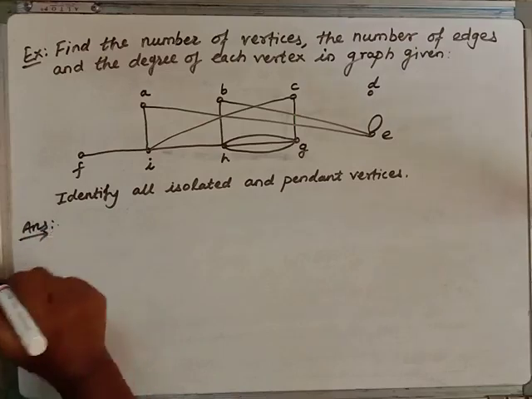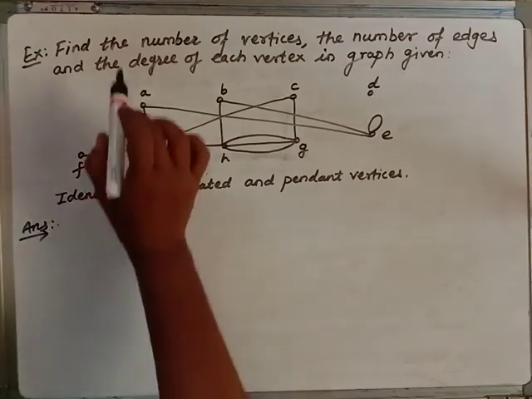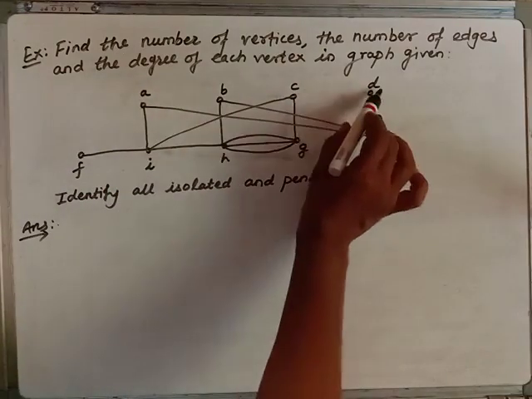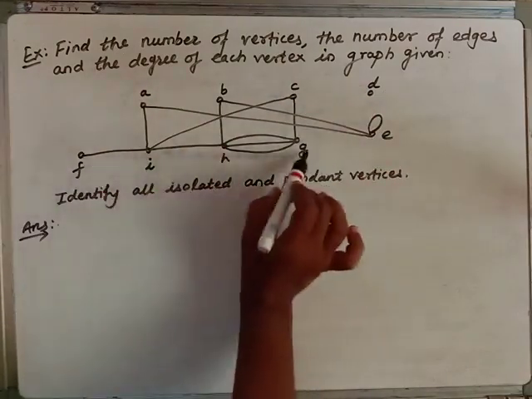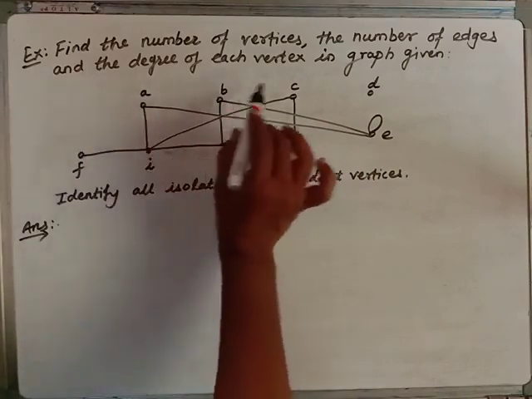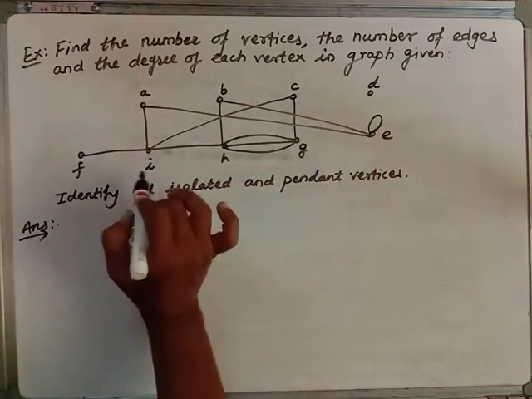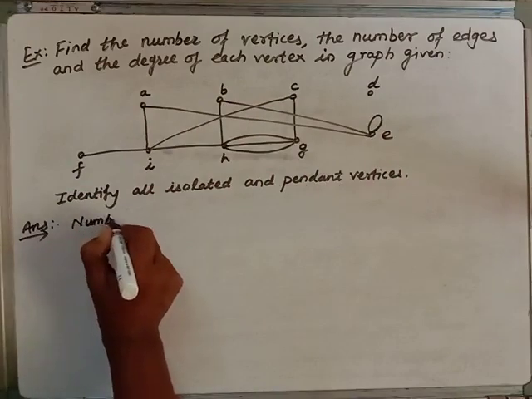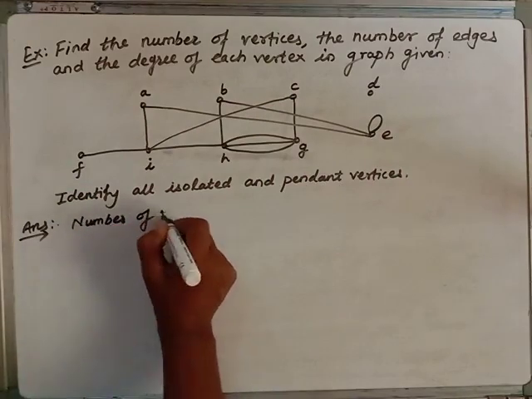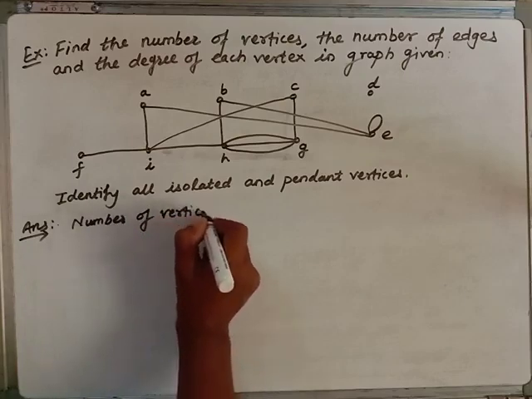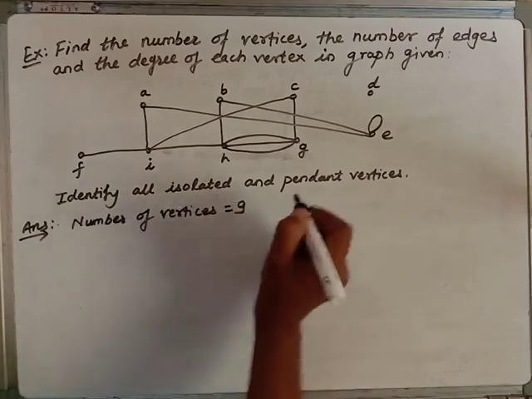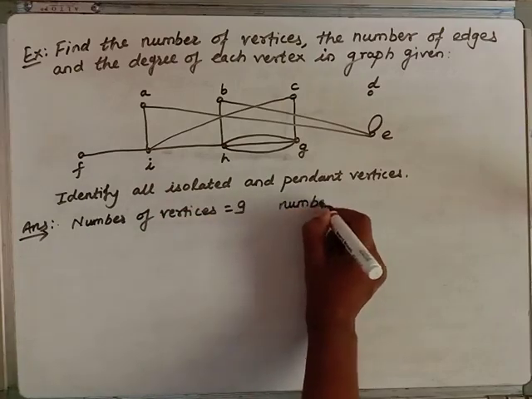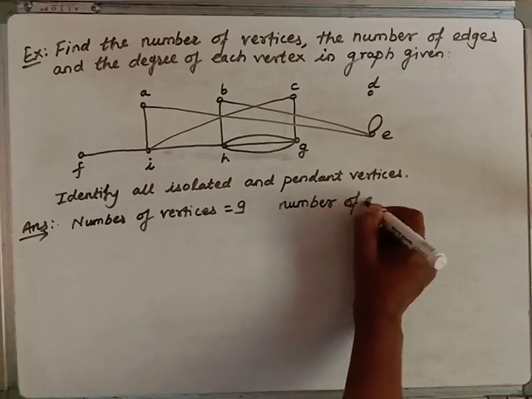So let us see the answer. How will we solve it? First, find the number of vertices. So count them: A, B, C, D, E, F, G, H, I. Means 1, 2, 3, 4, 5, 6, 7, 8, 9. So the number of vertices is 9. Now the number of edges.